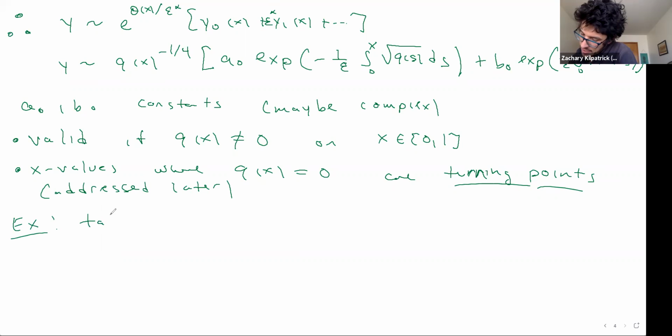Okay, so let's take, for instance, q equal to minus e to the 2x.